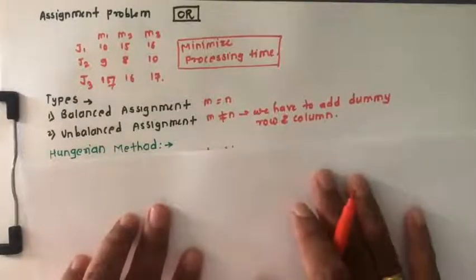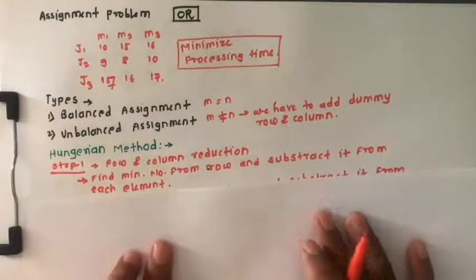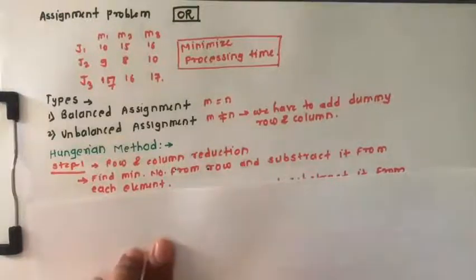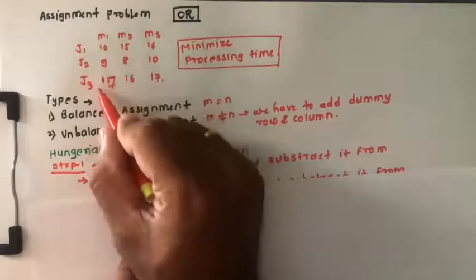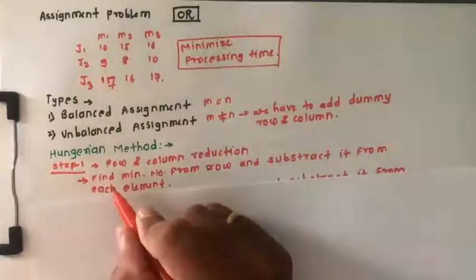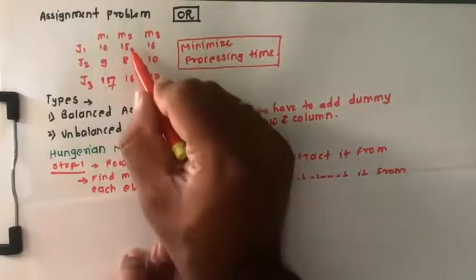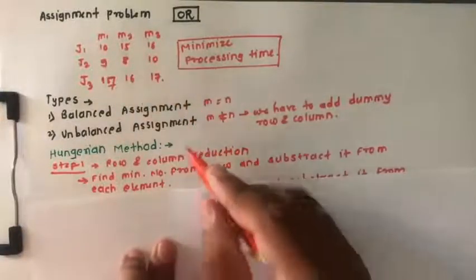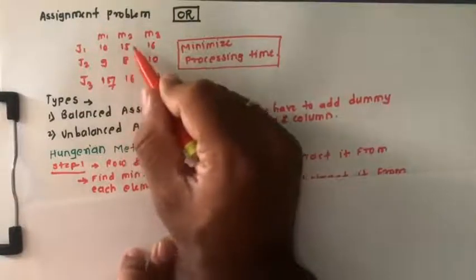So the first step of the Hungarian method is row and column reduction. So how to reduce the row and column? We already discussed these are the columns and these are the rows. So first of all find the minimum number from the row. We have to select the minimum number from each row and after that we have to subtract this minimum number from each element of the row.